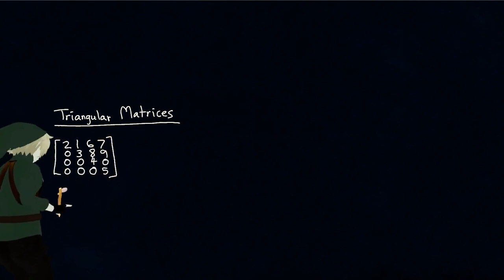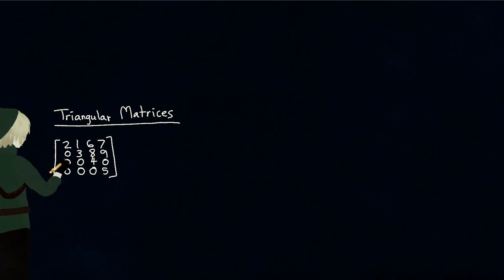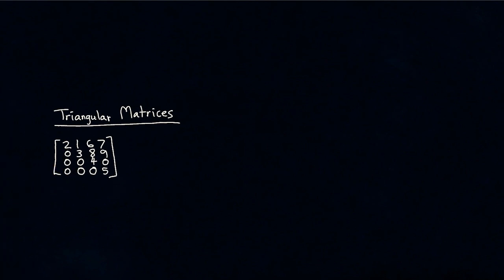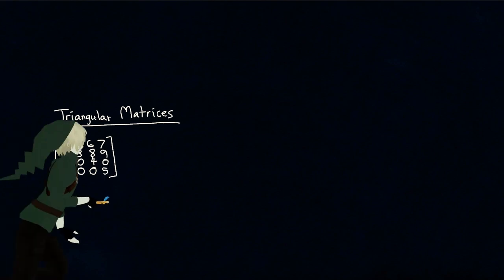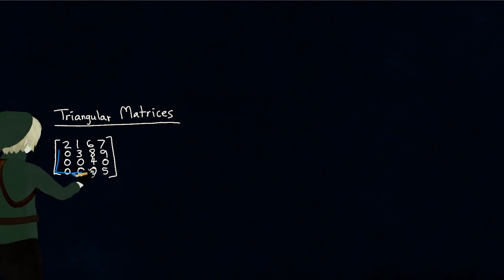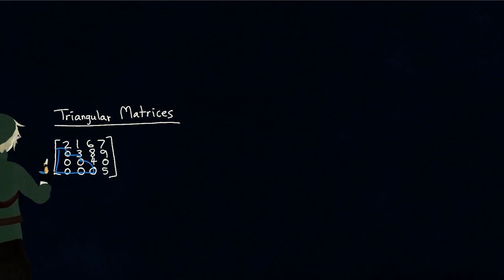Notice that we have a triangular section of zeros. This is what I mean by a triangular matrix. Look at this portion here. We have a triangular amount of zeros. That looks awful from your camera perspective.